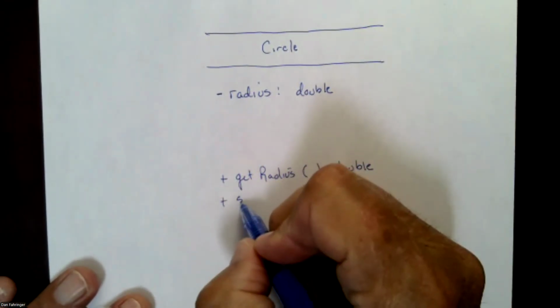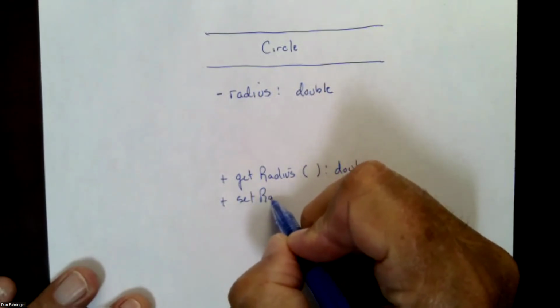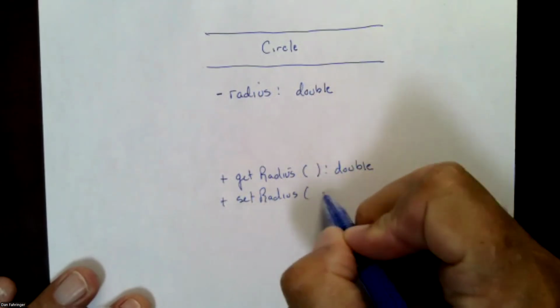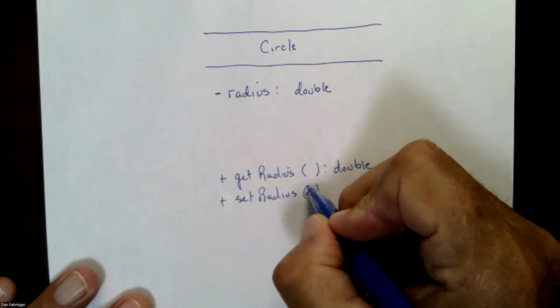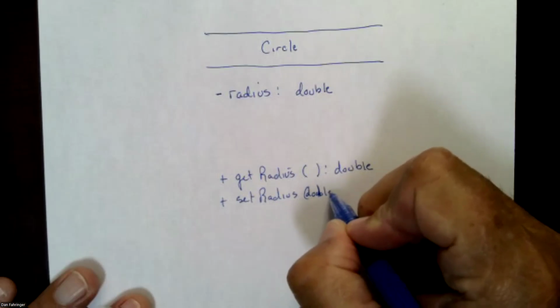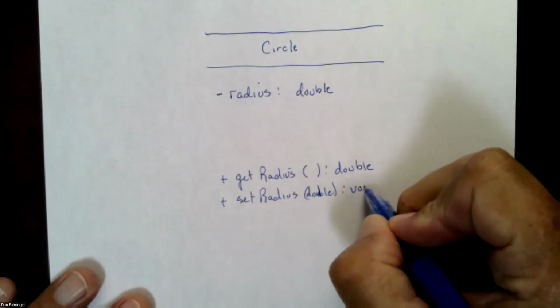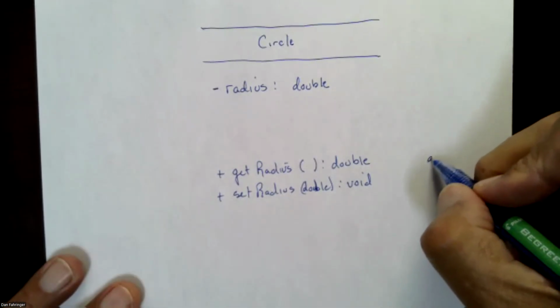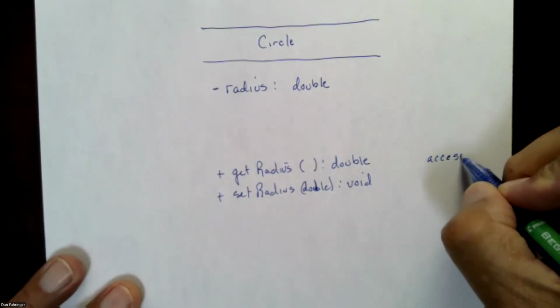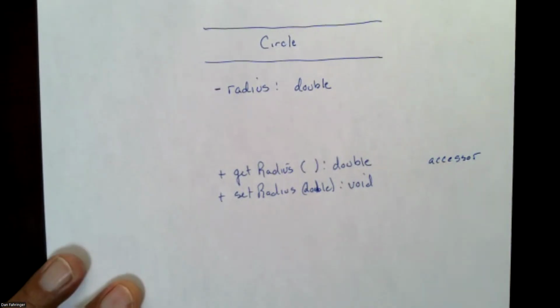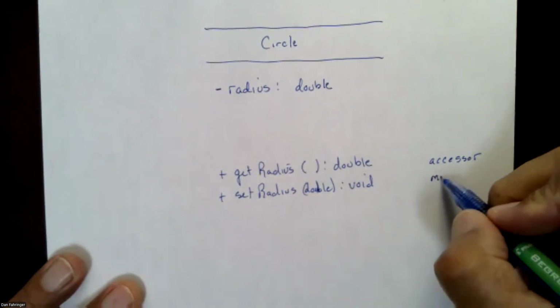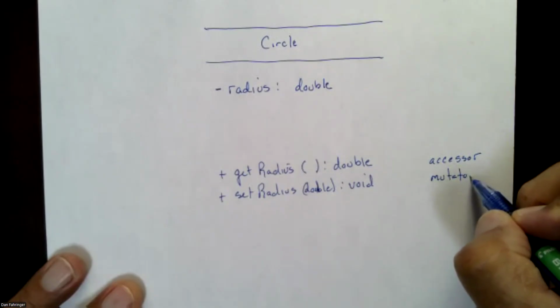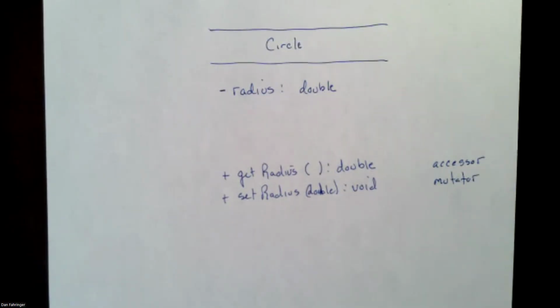And we had setRadius, which took a double and was a void method because it had a value coming in. This guy was giving me access to what the value of radius is, and this was letting me change it. So these were known as accessor and mutator methods. And we had some other ones that went on from there.